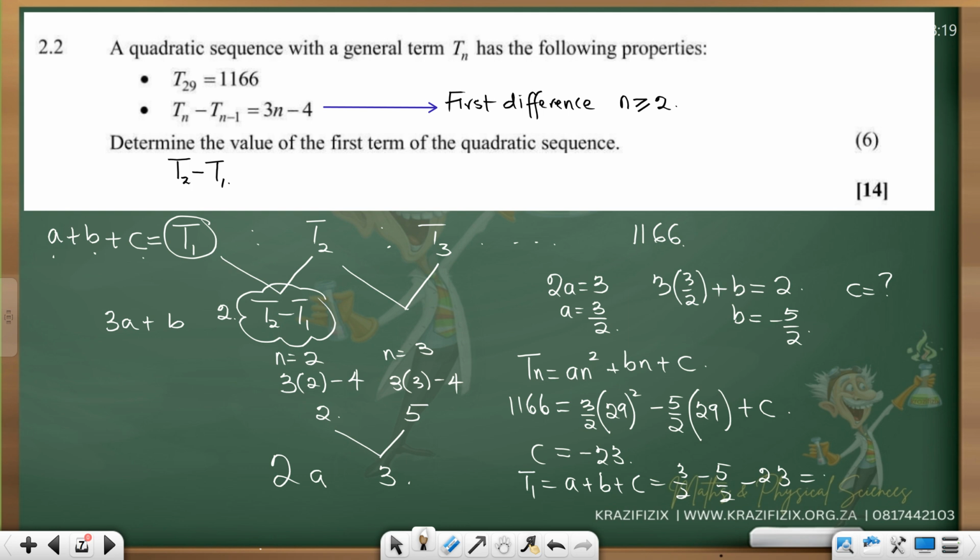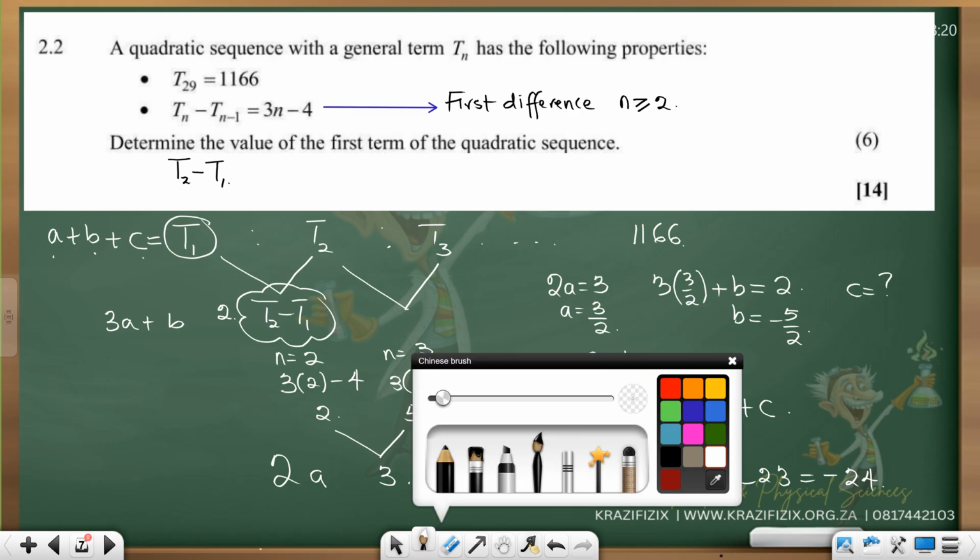Yes, talk to me. Sir, if we just sub it into the quadratic formula to get T1, that's still fine. Which quadratic formula do you have? Give me what you want to sub it into. Let me write it down.